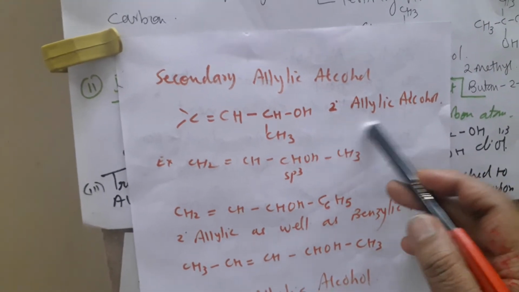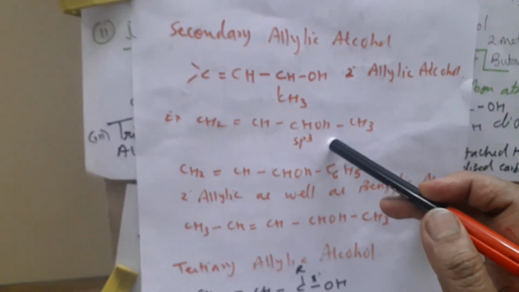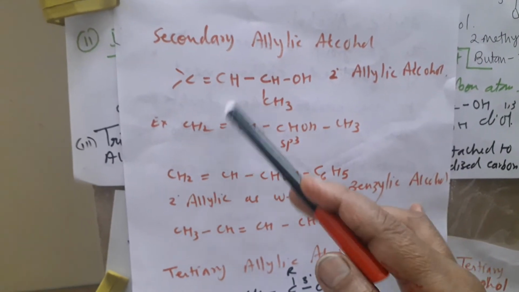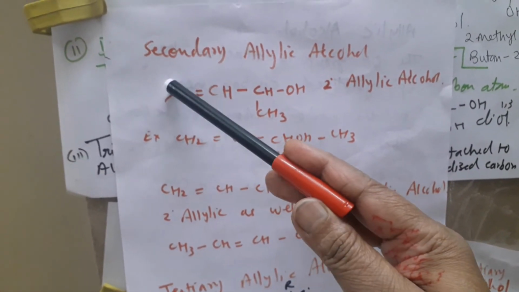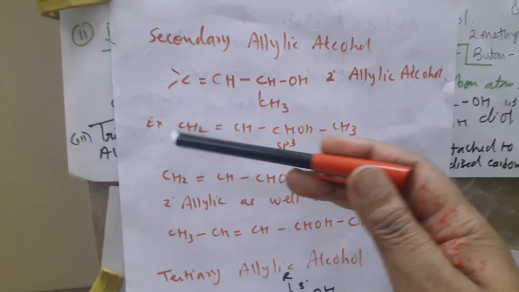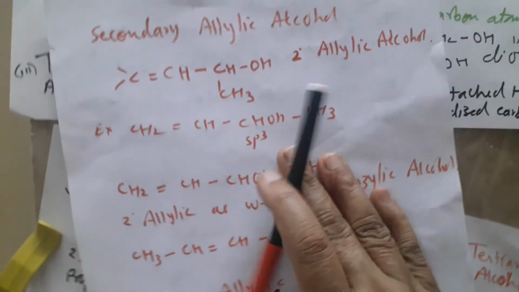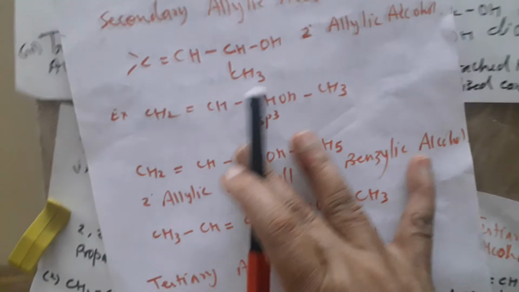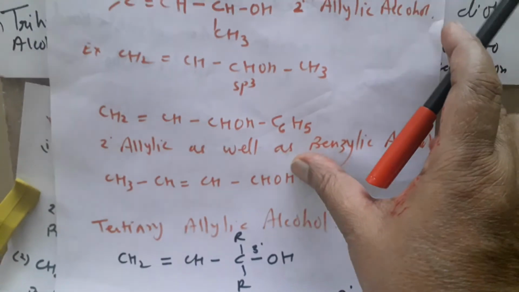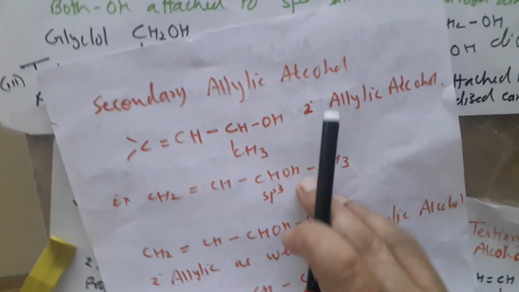So it is 2-degree allylic alcohol because the CHOH grouping is there. Other examples you can write yourself. Here I made a dash because there can be H, there can be R, different groups can be there, a phenyl group can also be there. Now CH2=CHCHOH, you have to see only this grouping.